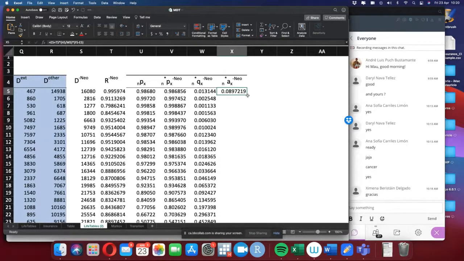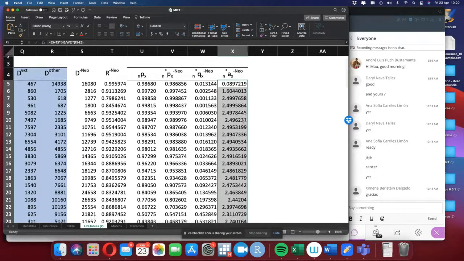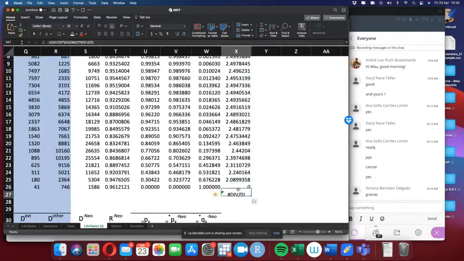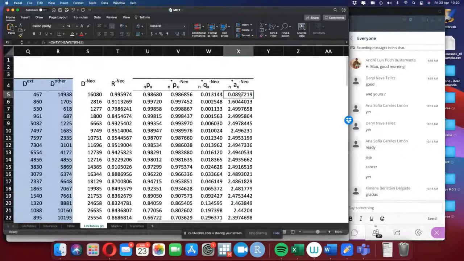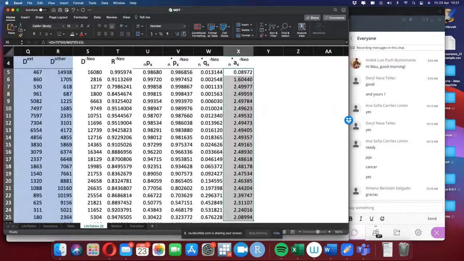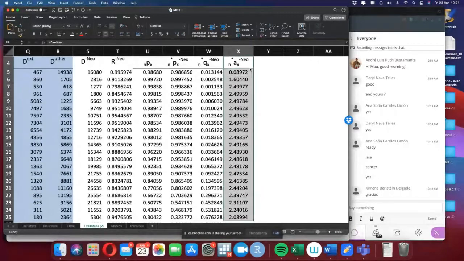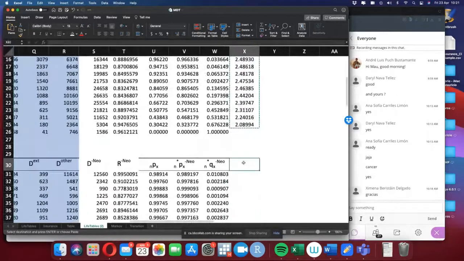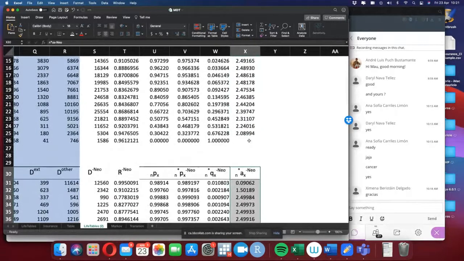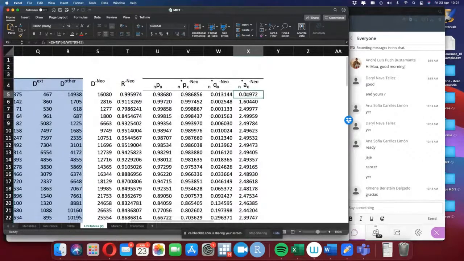But again, let's do things the proper way. So we don't have the last two. So we have for men and for women. Okay, so now we have all the information that we need.